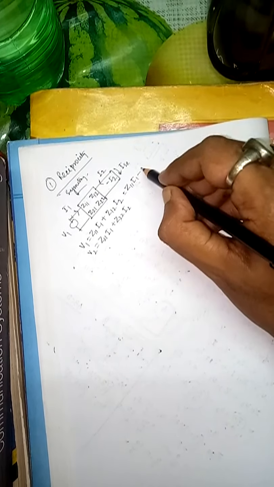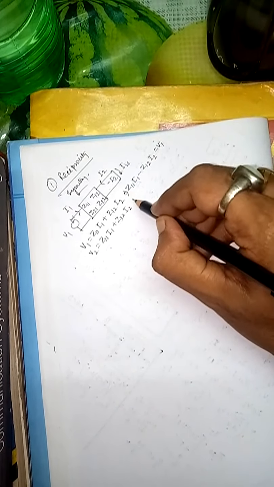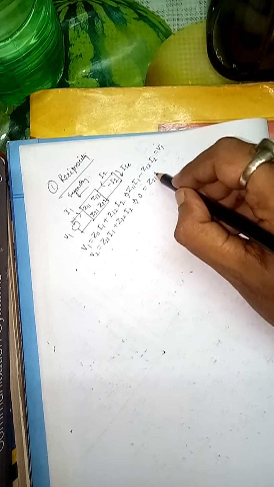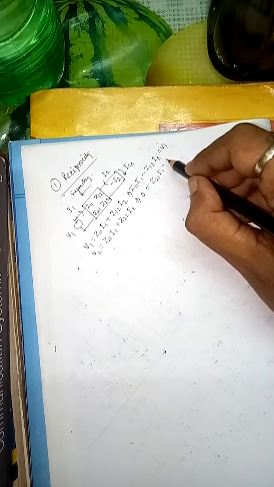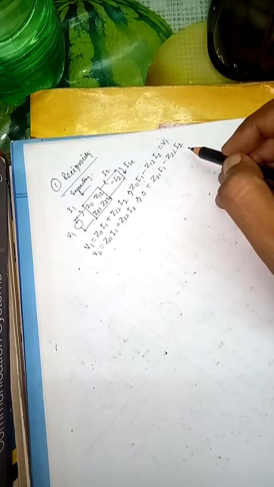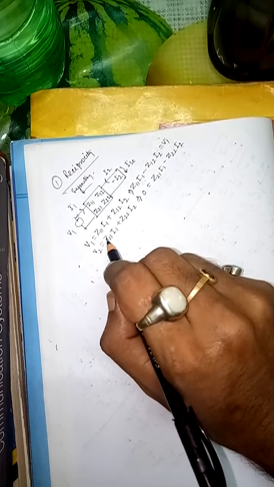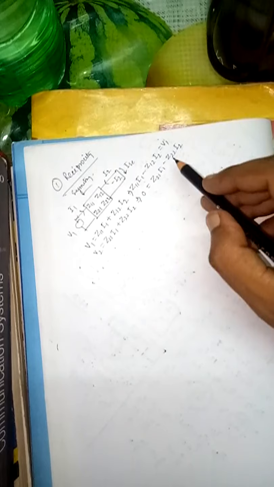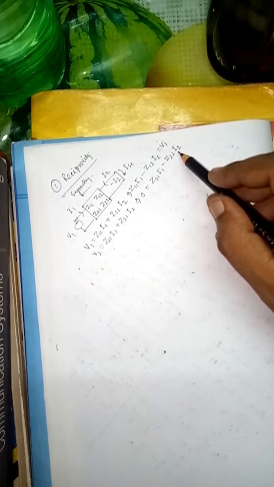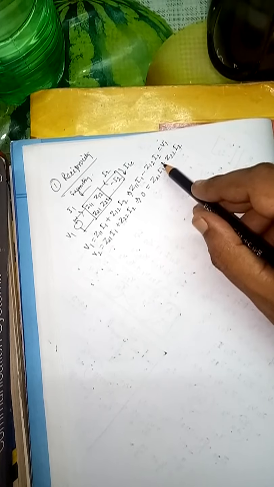Z11 I1 minus Z12 I2 equals V1, and the second, V2 equals 0, so 0 equals Z21 I1 minus Z22 I2. We are just placing this I2 equals minus I2. Okay, so solving this out, what will we get?